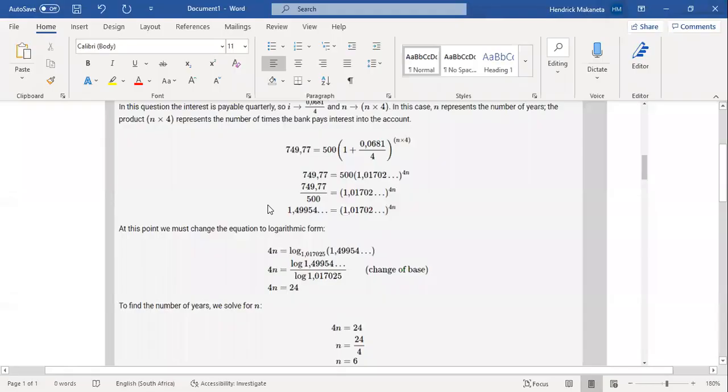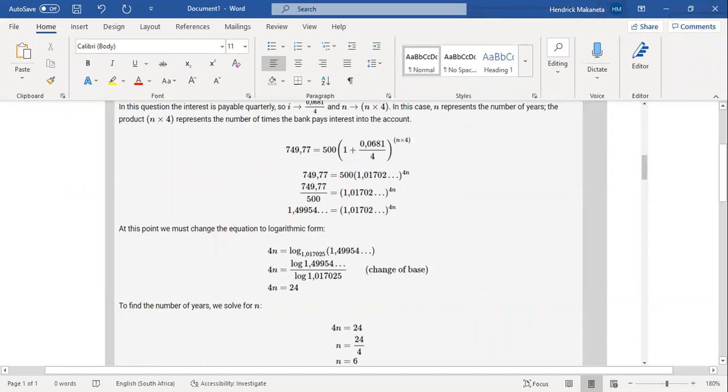And basically in this question, the interest which is payable, as I've already said, is 0.0681. And you can tell without any doubt that you need to divide that interest by 4 quarters there. Remember that a year consists of 4 quarters. So you are going to divide your interest by 4, right?